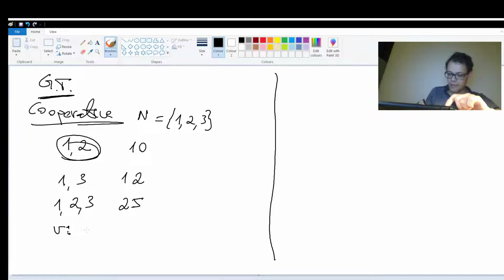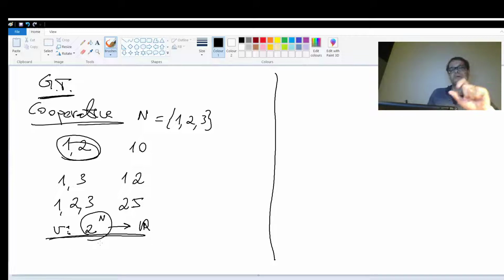For each subset from this set, it goes to real numbers and tells what each coalition is able to achieve. Now, this is definitely fully expressive, but it, of course, is very inefficient even to write this.